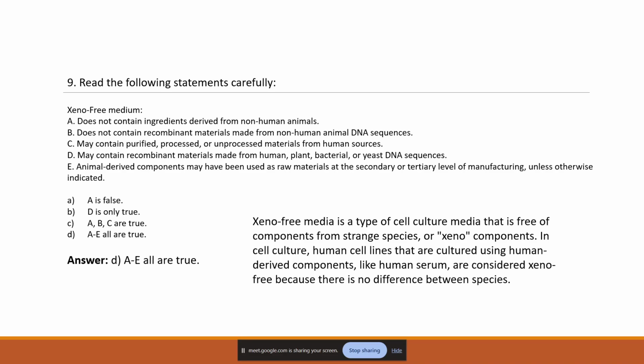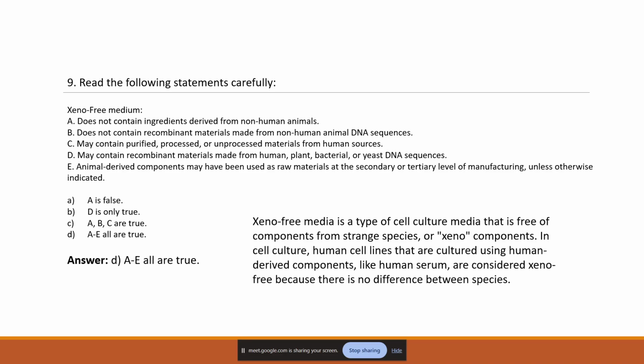Even though we are growing human cells, generally in normal media like DMEM or RPMI, which are commonly used to grow many types of suspension and adherent cells, we usually add fetal bovine serum. Fetal bovine serum is from a calf, a cow. So it's a completely different species, right?